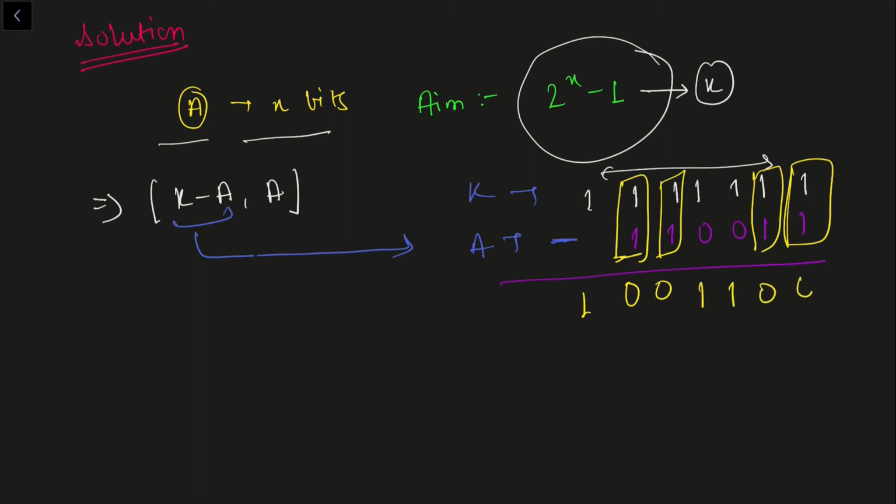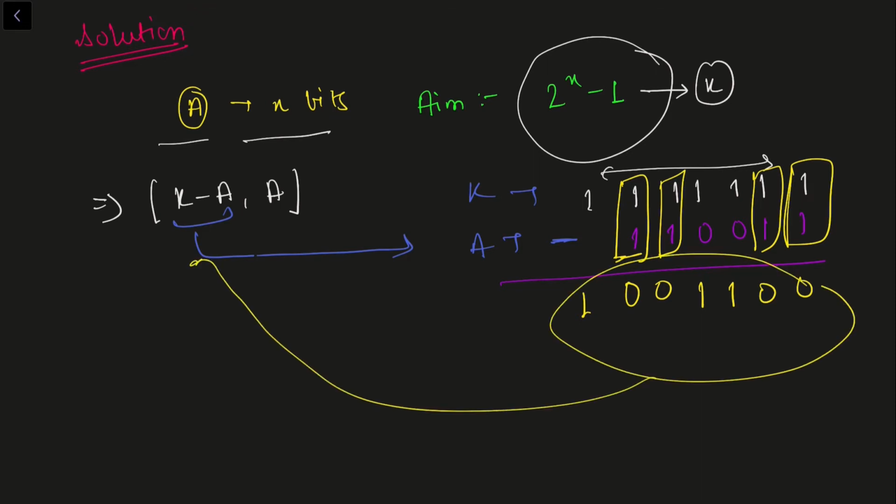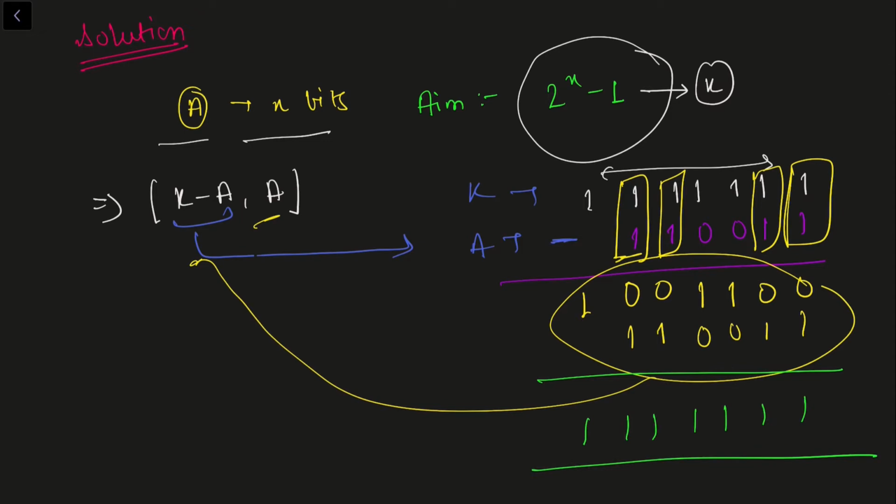Okay, and apart from that I'll just have 1, right? Now this value is k minus a, and if I XOR it with a, which is 1 1 0 0 1 1, right? So if I XOR it back with a, I'll get my answer as all ones. So that's why we can choose k minus a comma a as our answer.